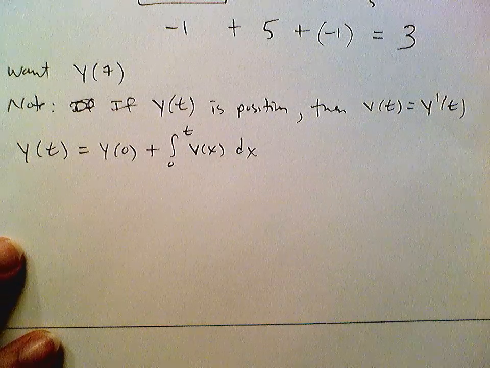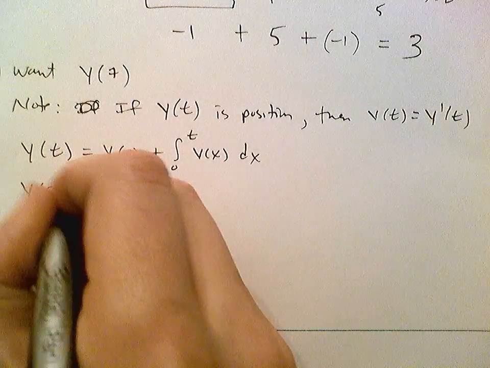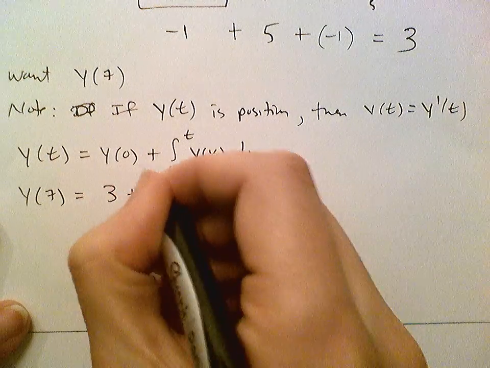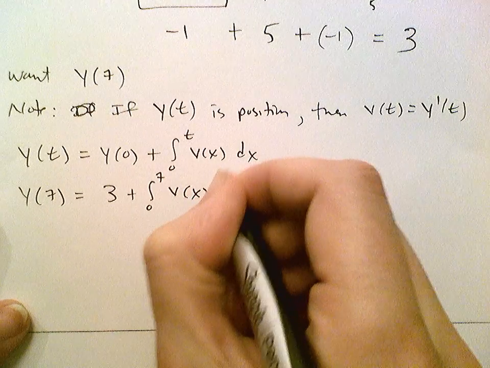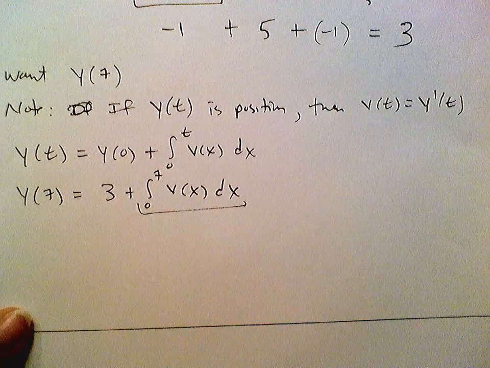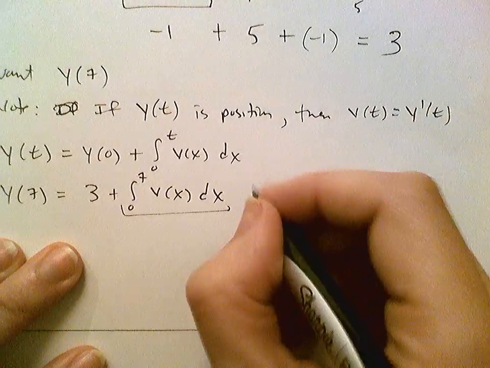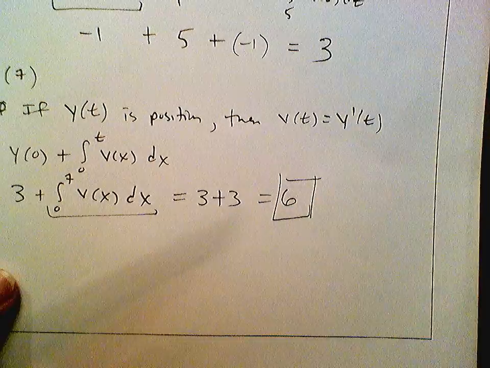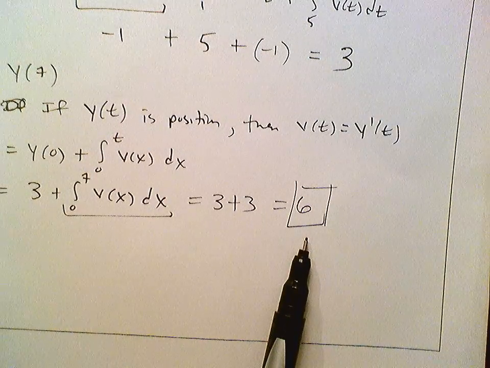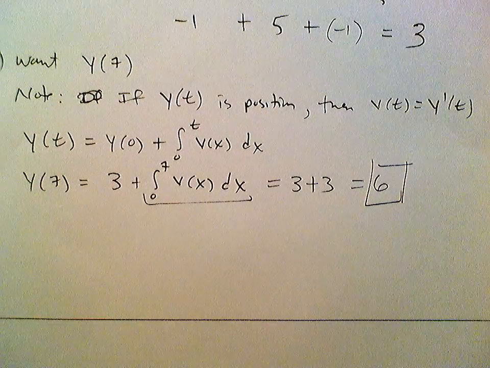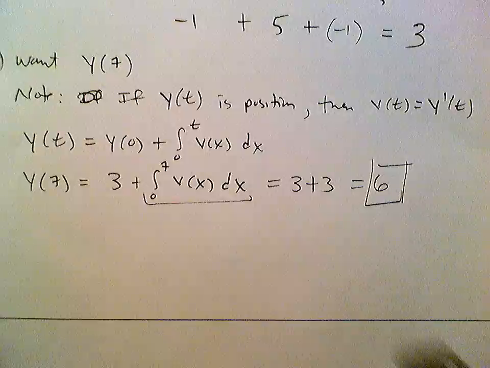And I want y of 7. Well, y of 0, they told me at the beginning, was 3, plus the integral from 0 to 7 of v of x dx. Guys, I already found this, that was our answer to part C. So this is 3 plus 3 equals 6. So y of 7 is the position. We are on the y-axis and we are at position 6. That's the y-coordinate of our point, which is on the y-axis.